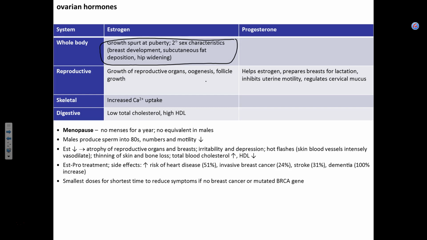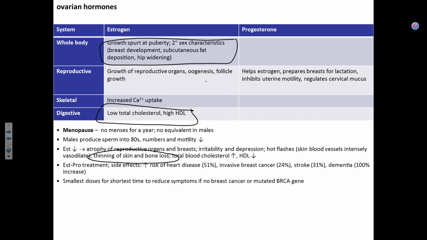It's been shown in the population of American adolescents that obesity is associated with early puberty onset. Estrogen stimulates increased calcium uptake into the bones. Therefore, bone loss in menopause. And it stimulates a higher level of good cholesterol.